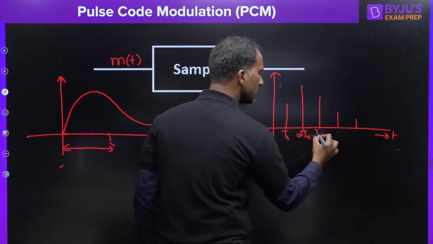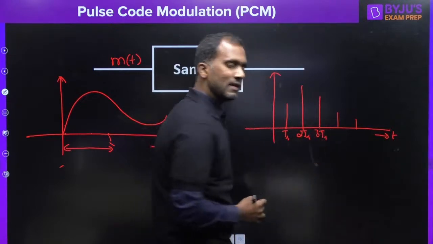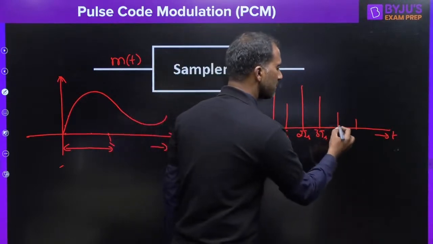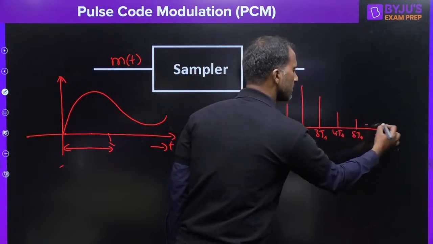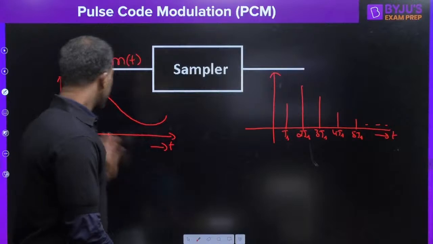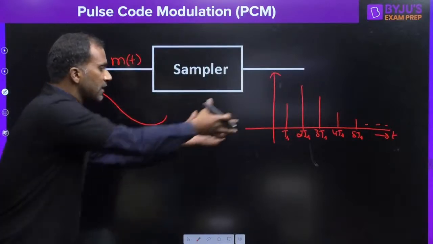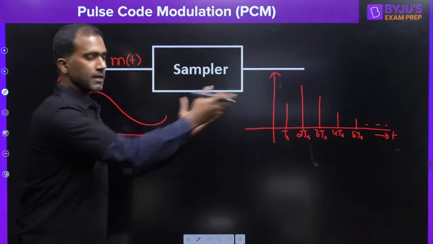T means time, Ts means sampling time, S represents sampling: Ts, 2Ts, 3Ts, 4Ts, 5Ts, and so on. Out of the infinite samples available, I'm collecting a few samples.